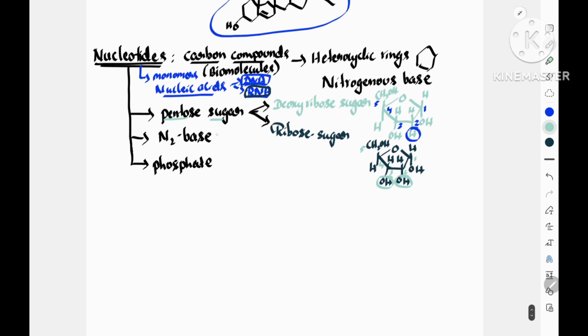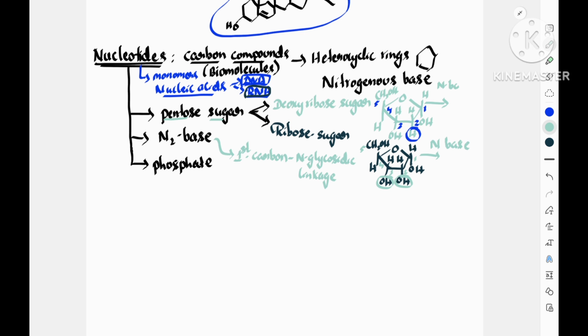To this sugar, there is an attachment of a nitrogenous base at the first carbon through the formation of an N-glycosidic linkage. In DNA, here at the first carbon, there is an attachment of a nitrogenous base through the formation of an N-glycosidic linkage while forming a nucleotide.